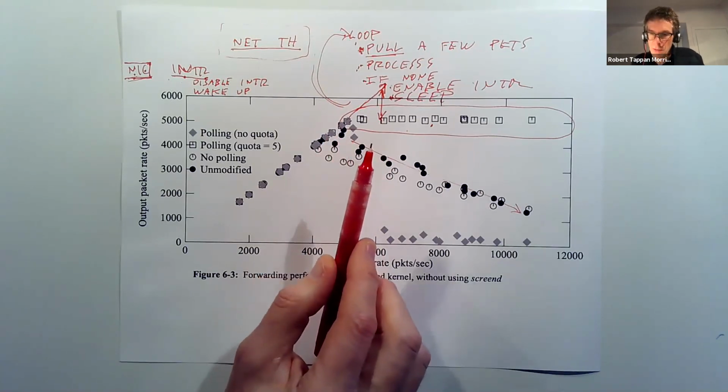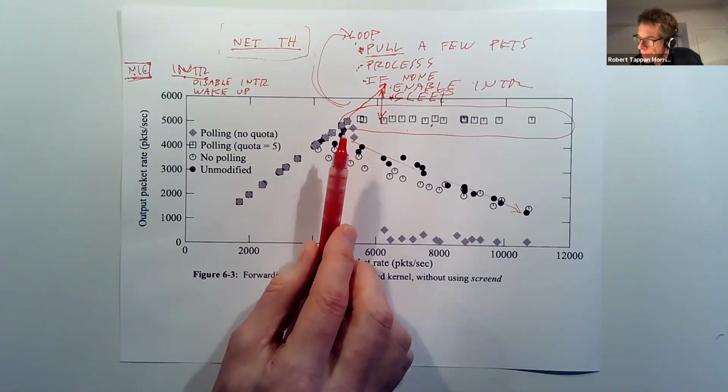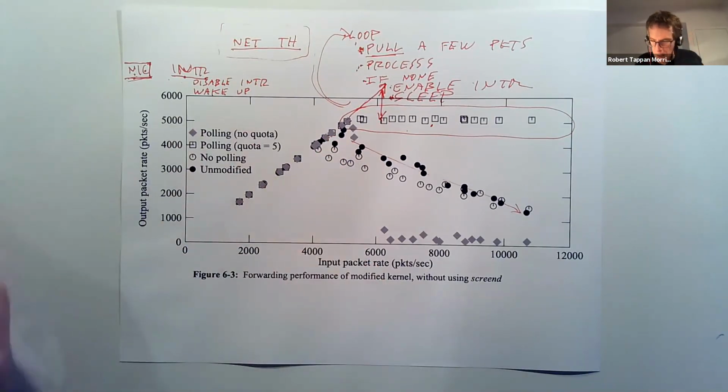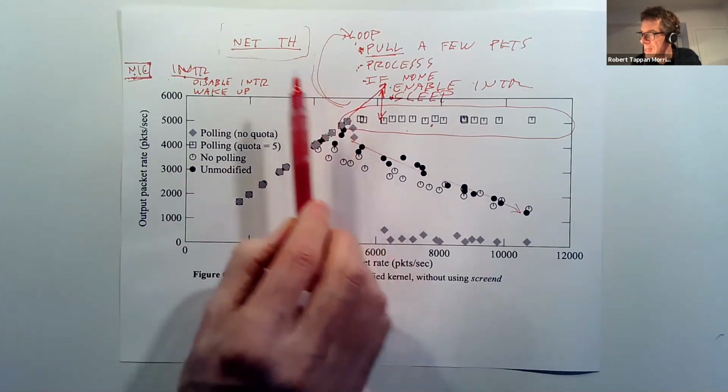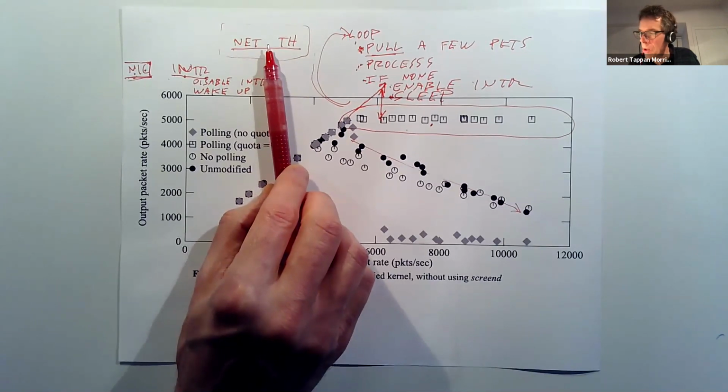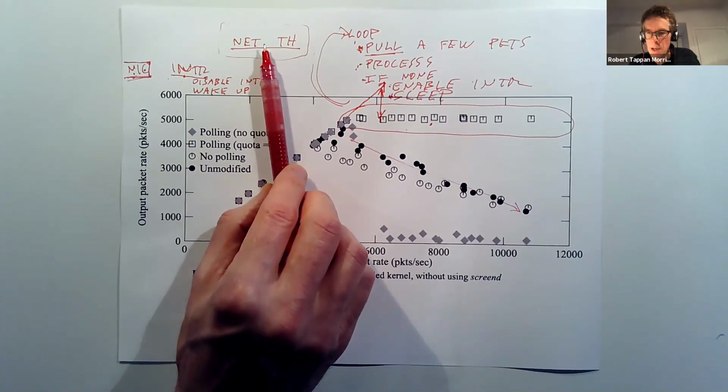If that application isn't reading packets fast enough, then the socket buffer leading to that application will get full, and then packets may be dropped in the networking thread. And that can also lead to livelock.